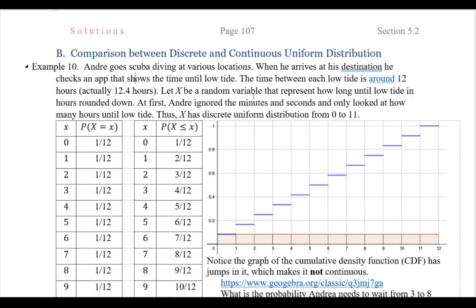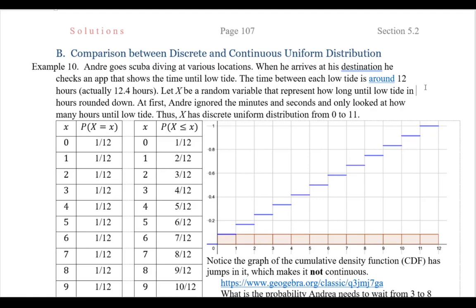You can skip part B if the difference between continuous and discrete random variables makes sense to you. This is just another comparison between the two. So we have an experiment. Andre goes scuba diving at various locations, and when he steps off of the plane, he wants to figure out how much time until low tide when he can go scuba diving at a certain site.